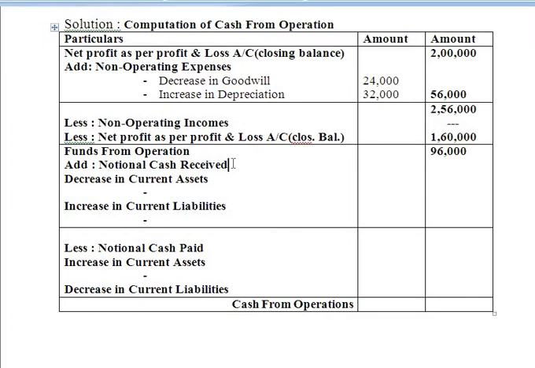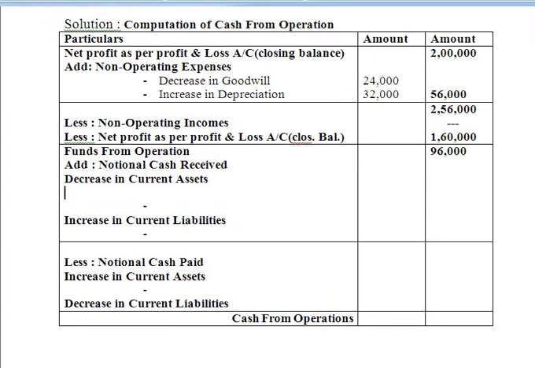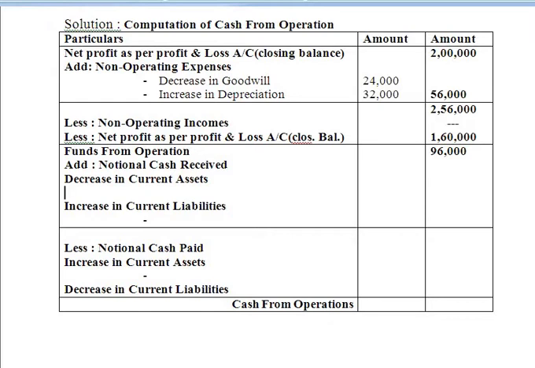In notional cash received, the first one is decrease in current asset. Decrease in current asset is considered as an inflow of cash, that is notional cash received. So we assume that maybe stock is sold, so the amount of stock is reduced and cash is coming into the business, so a decrease in current asset is notional cash received.